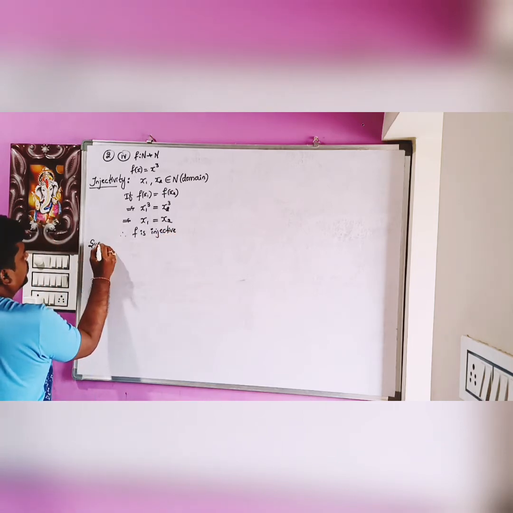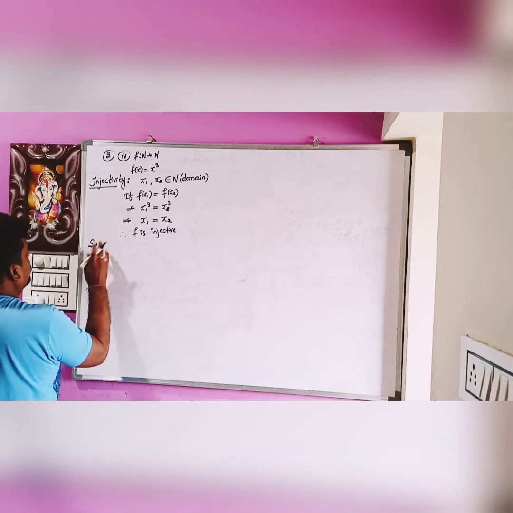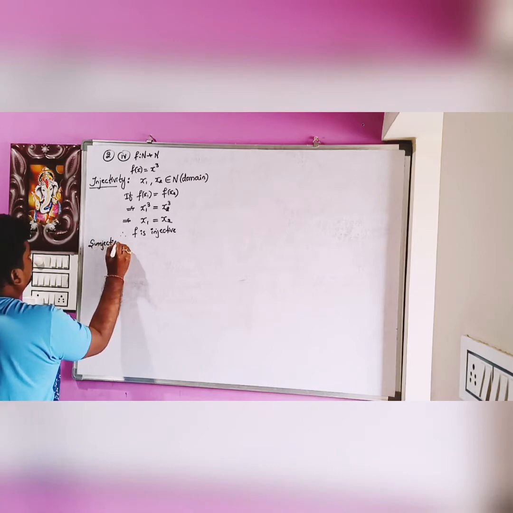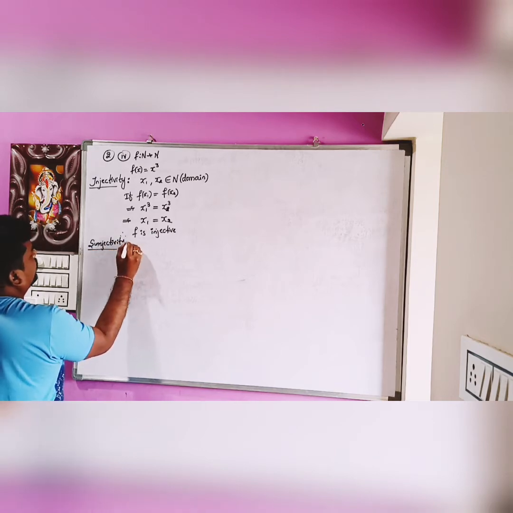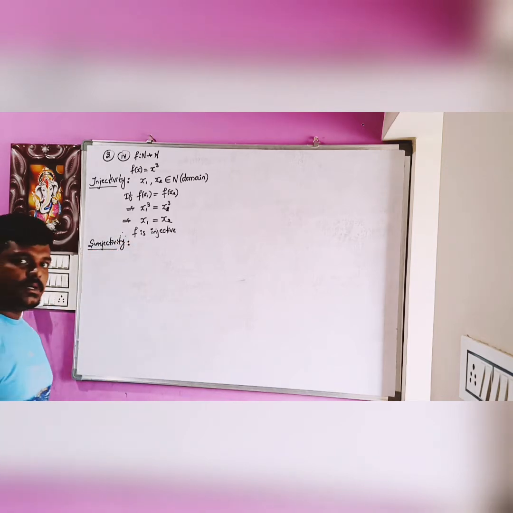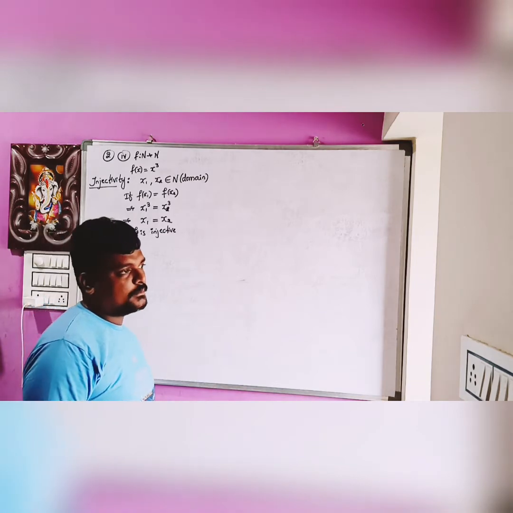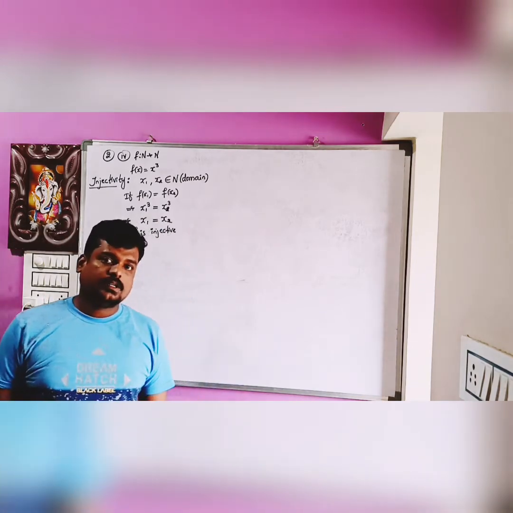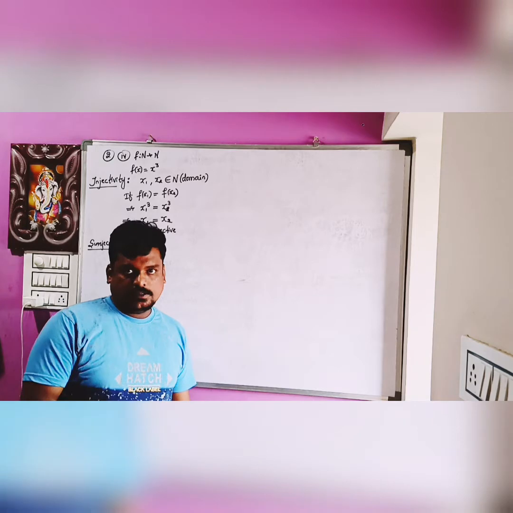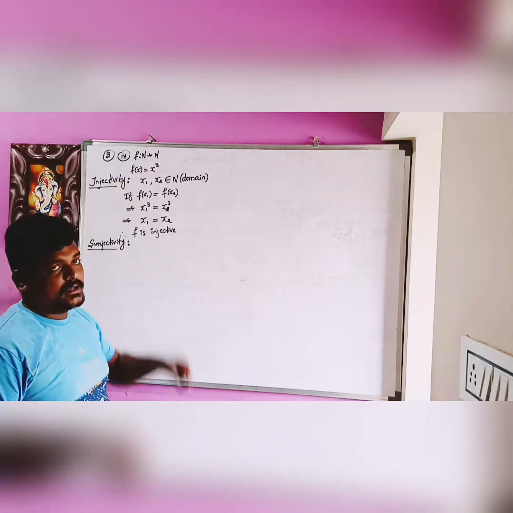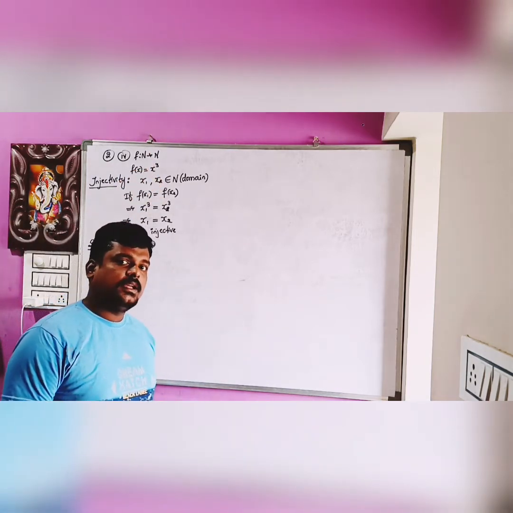Next, surjectivity. For this we take an element. What is a surjective, what is an onto function? All the elements of a codomain are images.